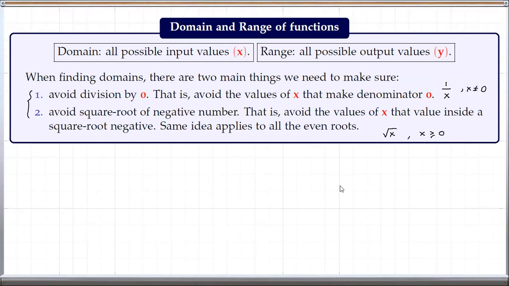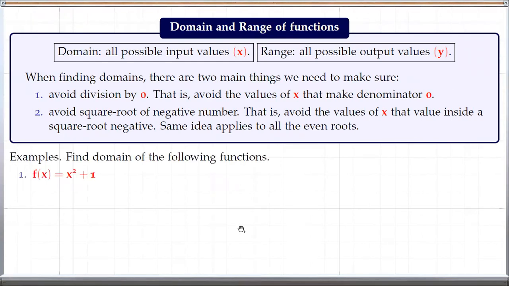So let's look at some examples now. Here is the first one. We are given f of x equals x squared plus 1. So we need to think what values x can take. If you look at this function, we have x squared. We can square any real number.